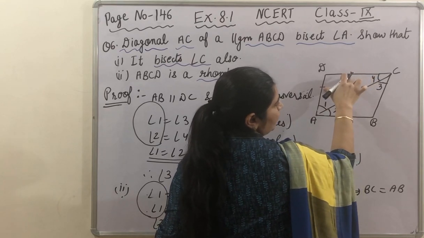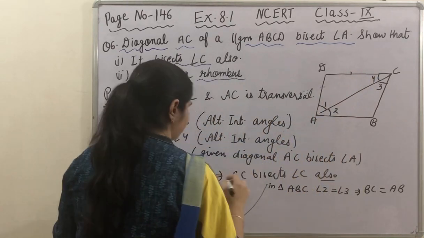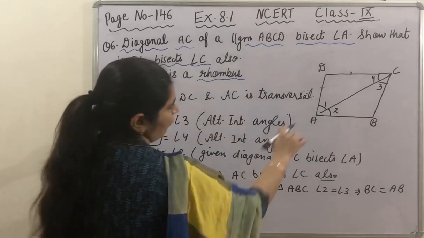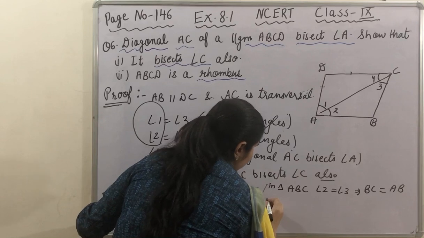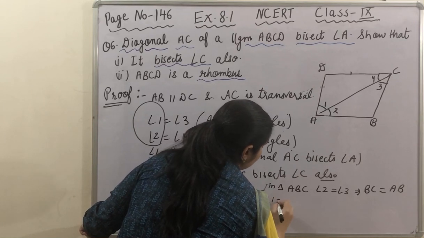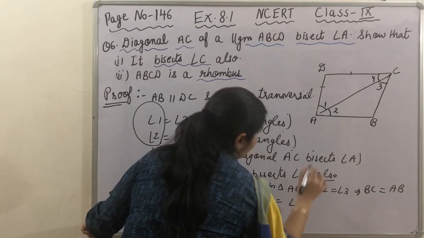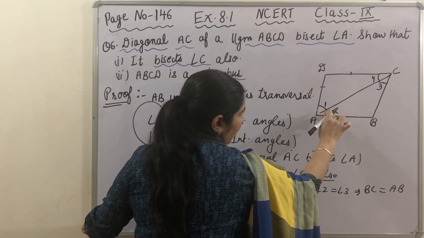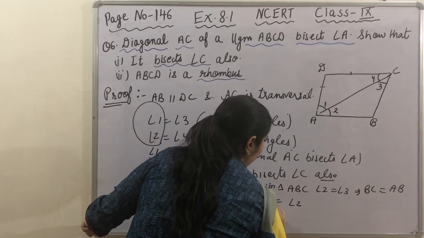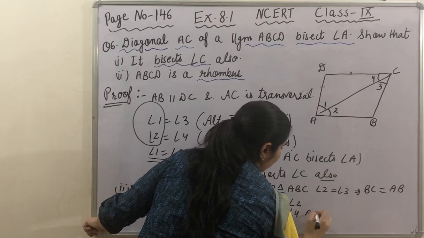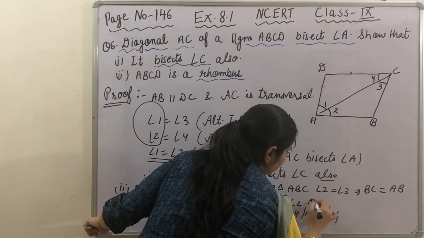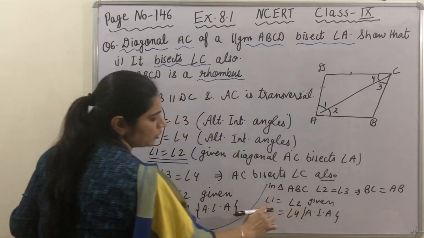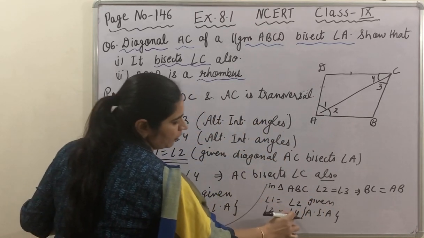Now we want to prove these two sides also equal, so we want to prove angle 1 is equal to angle 4. Already it is given angle 1 is equal to angle 2, and angle 2 is equal to angle 4, alternate interior angle. If I do the comparison, 2 and 2 same, therefore angle 1 will be equal to angle 4.